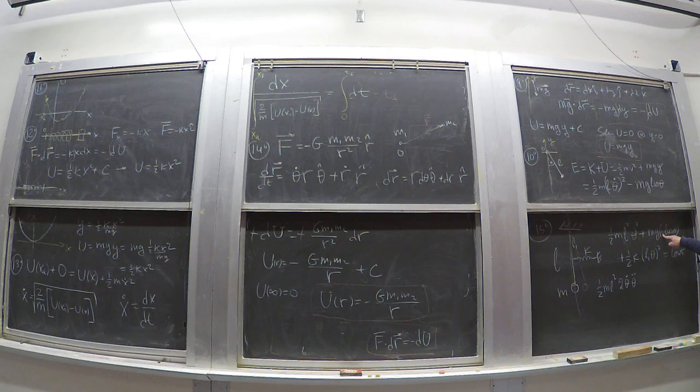So negative with this negative will be plus m g L sine theta times theta dot. Awesome. Last thing, plus 1/2 k L1 squared. Let me distribute square, L1 squared. What is derivative of theta squared? 2 theta, theta dot equals 0.